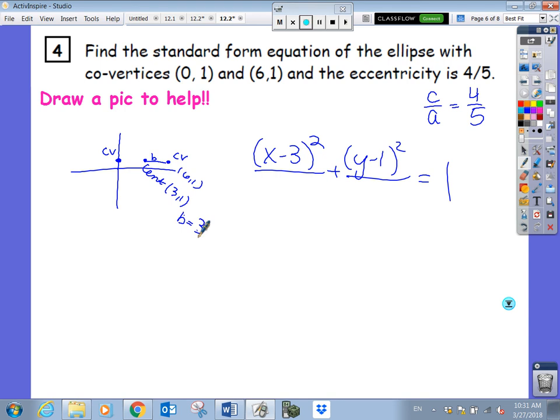And that moves left and right, so 9 is going to go under the x. Because the covertices are horizontal, that means this one's going to be vertical. So now we do use that information with the eccentricity. Since the eccentricity is 4 over 5, c equals 4 and a equals 5, so a squared is 25.